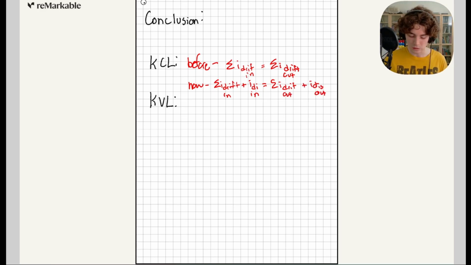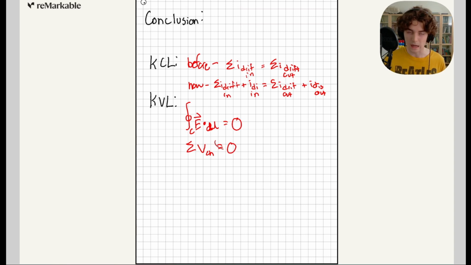Similarly for voltage, before we may have said that the closed line integral of the electric field is equal to 0, or that the total voltage, the sum of the changes in voltage in a closed loop, equals 0.